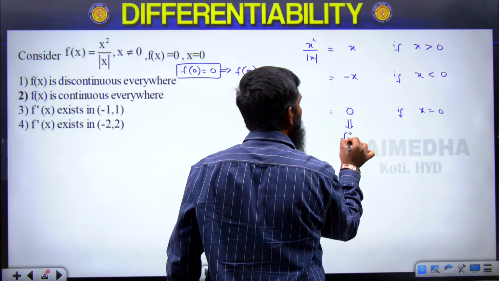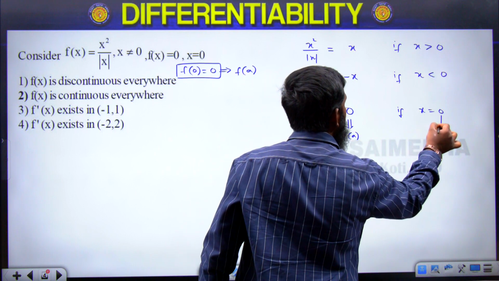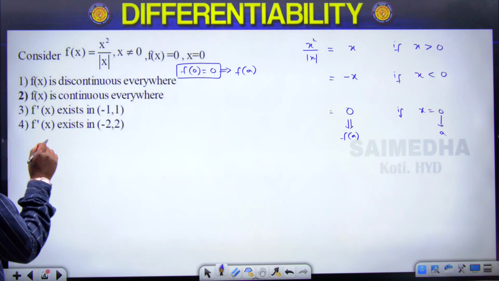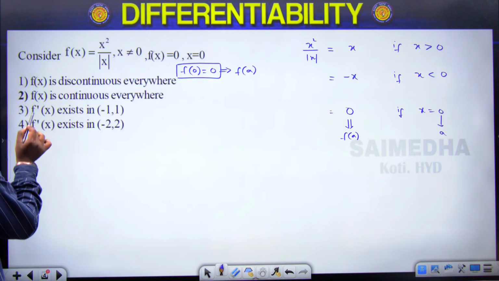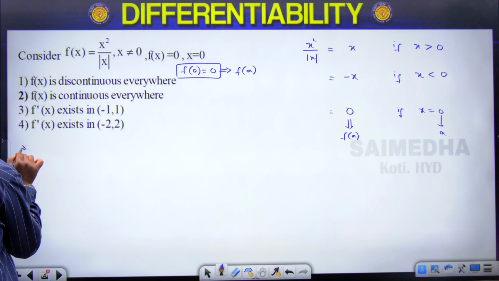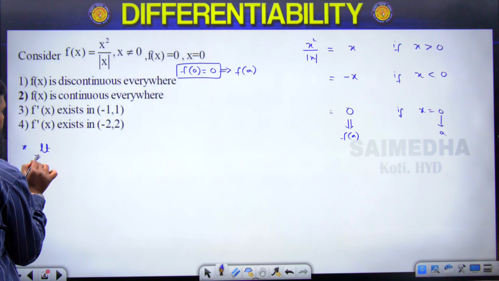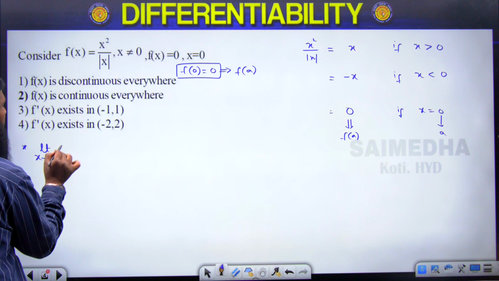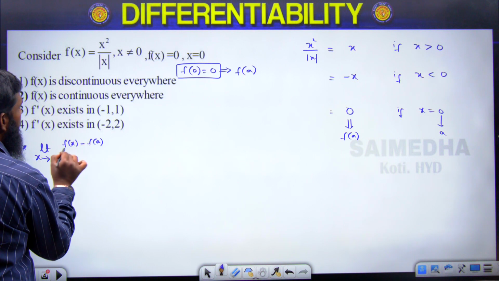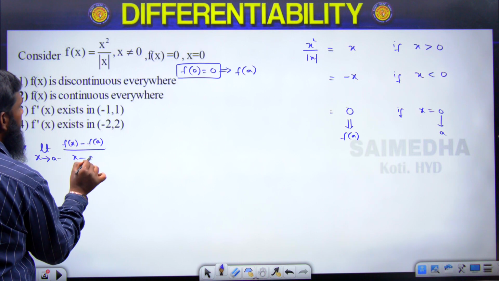Okay. So this part is the function value f of a and this part is the a value. Now let us see what we are getting. Let us go with differentiability first, because we have f dash also. So first we go with limit x tends to a minus, f of x minus f of a divided by x minus a.